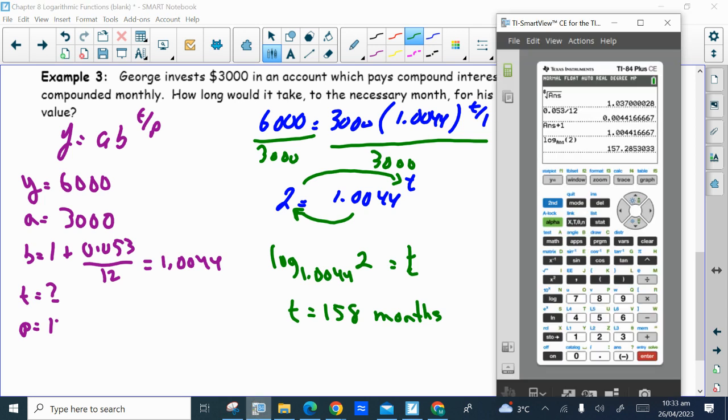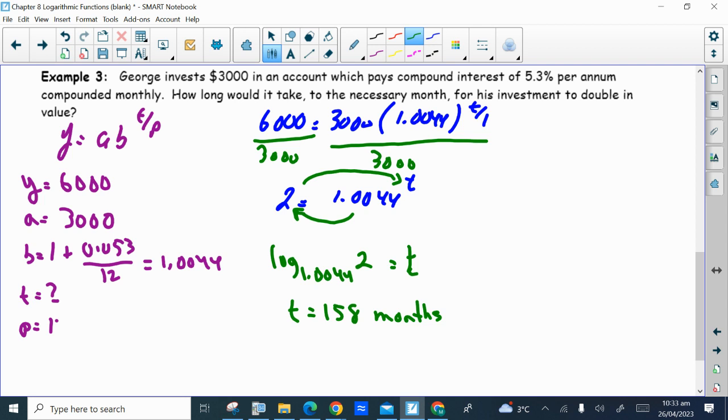And if we divide 158 by 12, that's how many years it would be. Now it does say to the nearest month, so I guess that's what we'll write it as, 158 months, which is our answer because it's compounded monthly, so at the end of every month.